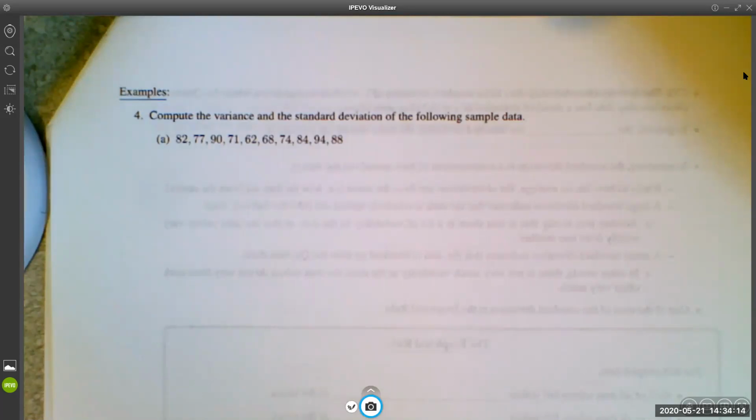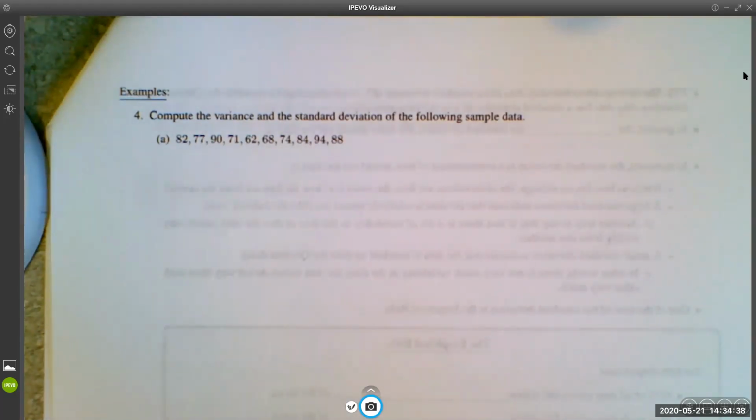The standard deviation is a measurement of how far on average each observation is from the mean. If that average is really large, then it means that the data is pretty spread out, right? Whereas if the average is small, then it means the data is all kind of grouped together close to the mean. So let's walk through a couple examples.